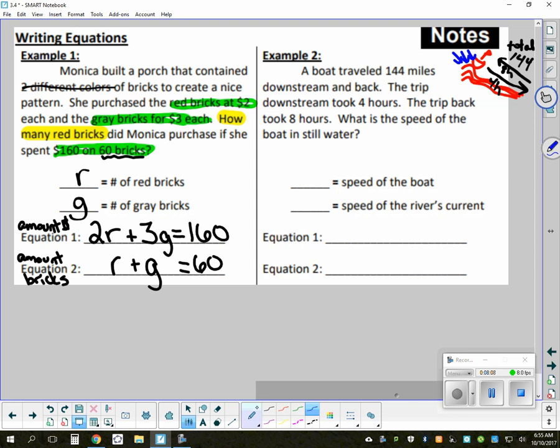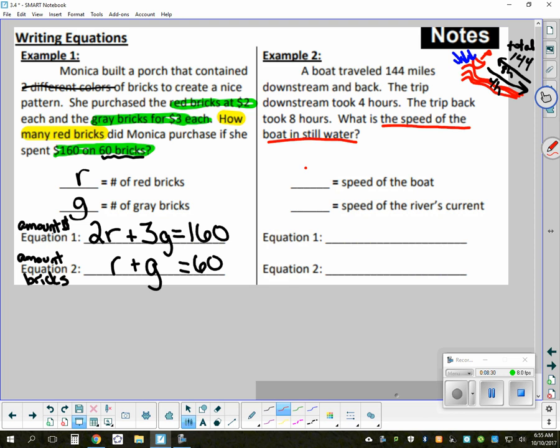Okay. To define your variables, now obviously I have told you what they should be equal to, but if you were doing this problem on your own, you could look at that last sentence. It's going to give you at least one of your variables. And here it is, the speed of the boat in still water. Okay, so speed of the boat, and you could write in still water if you wanted to.